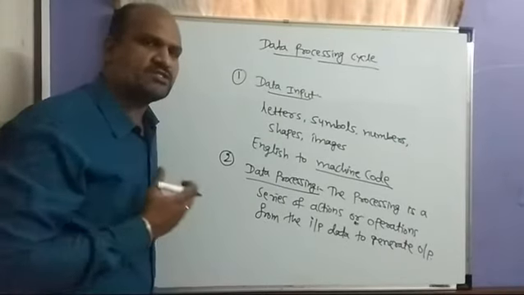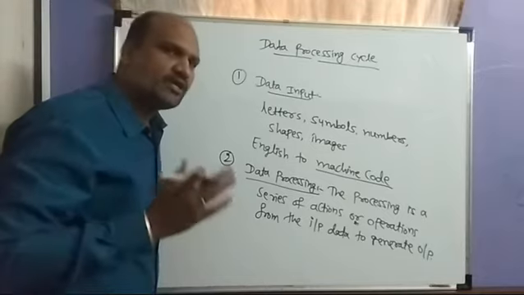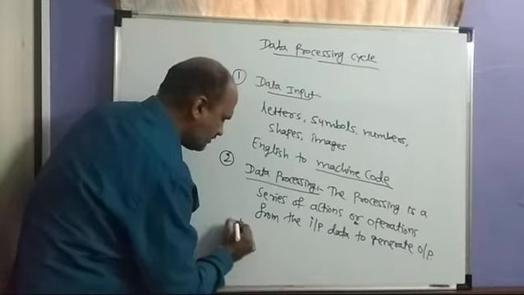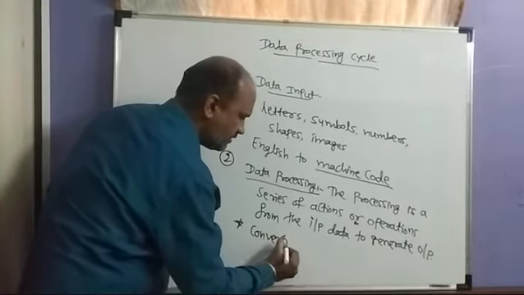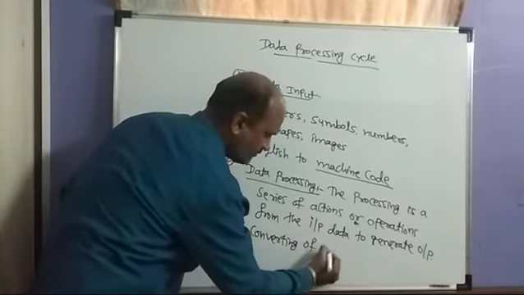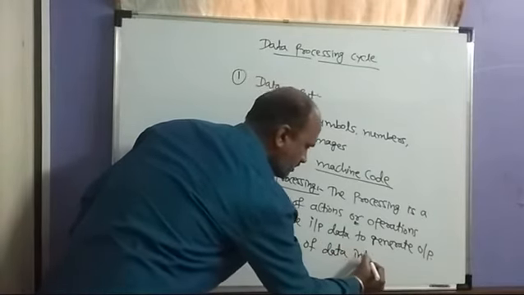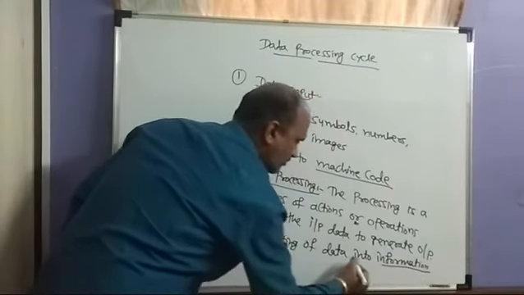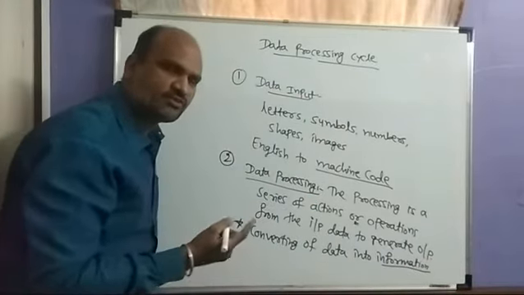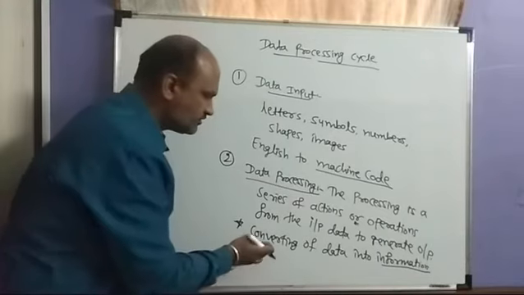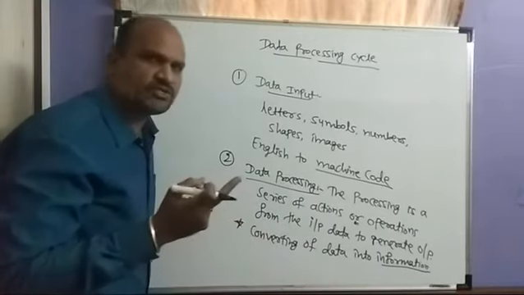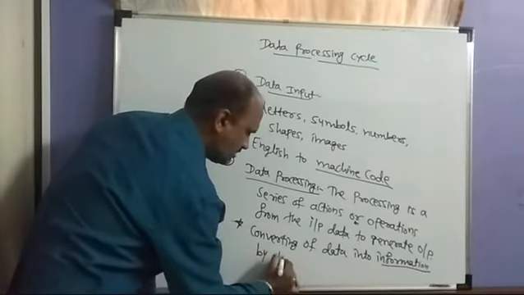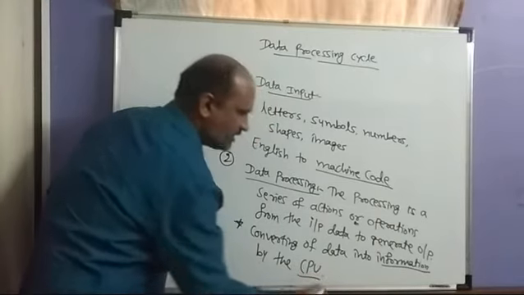The series of actions, series of operations can be processed, and this is the conversion of data into information. As I told you, converting data into information is done by the CPU, that is the central processing unit.